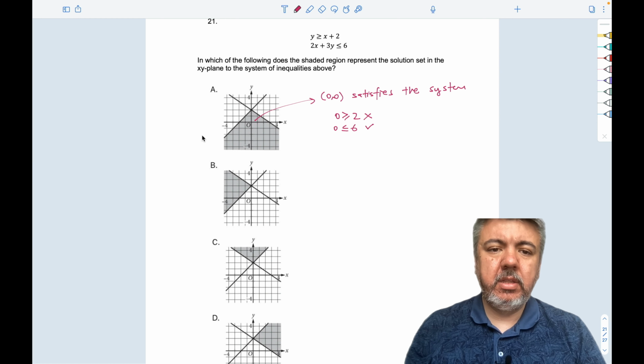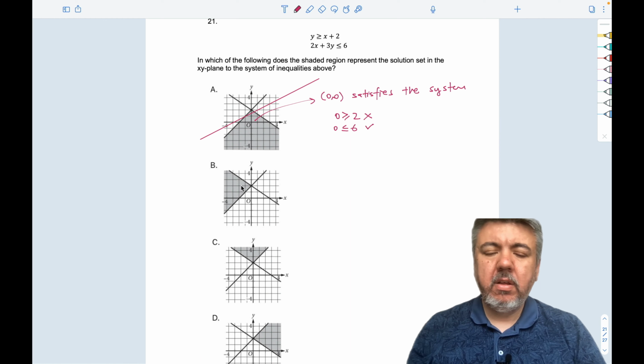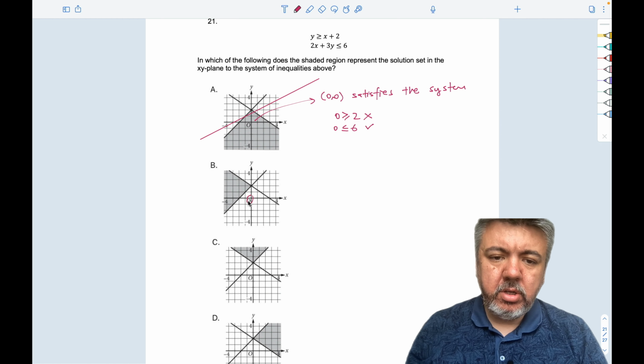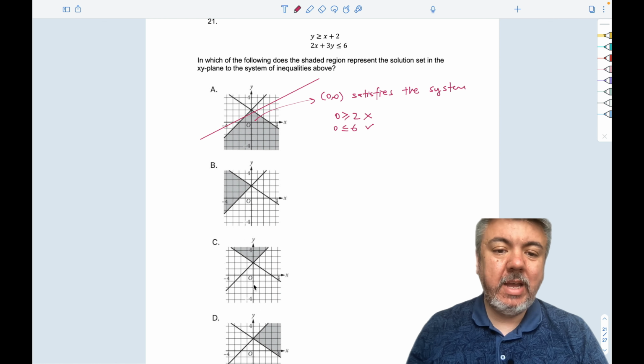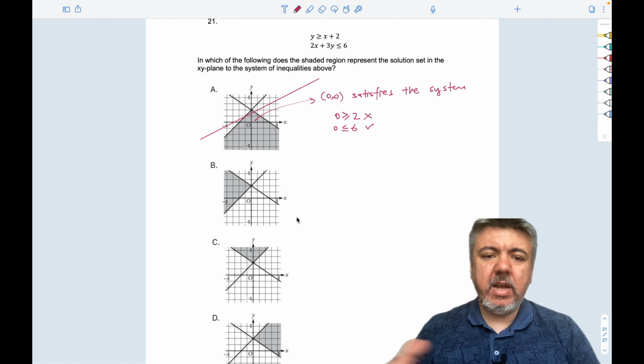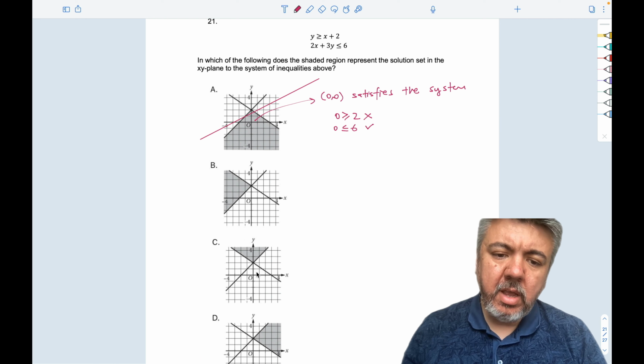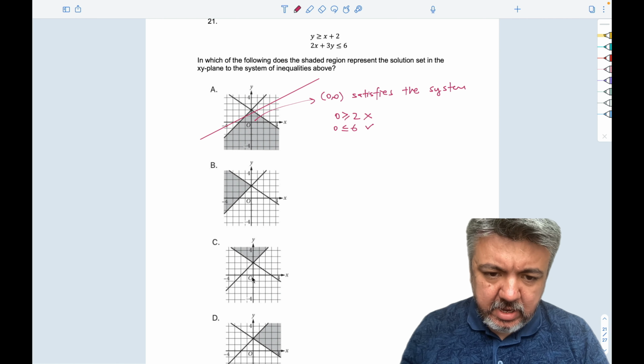So 0, 0 should be excluded from the solution. So choice A is gone. The others won't include 0, 0, so I cannot eliminate anymore. Let's check other points. Here, 0, 1, 0, 2, 0, 3, 0, 4.